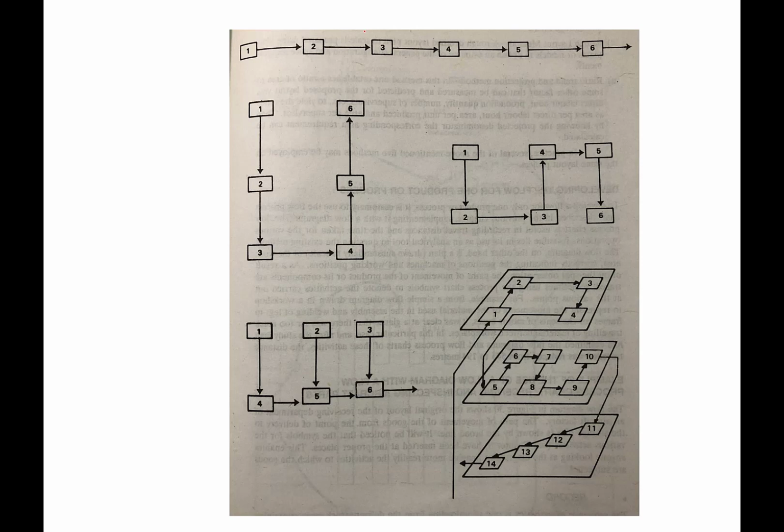So here you see the machines may be arranged in a simple way like this, depending upon the kind of space which is available. Machines can be arranged, and another possible way is this. There can be another possible arrangement of the machines like this.